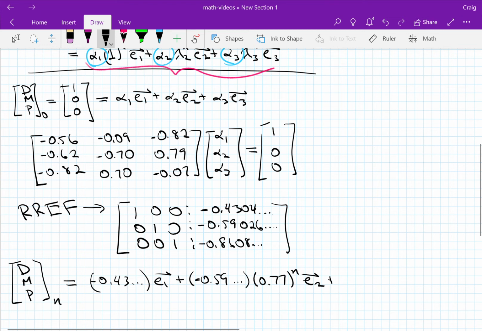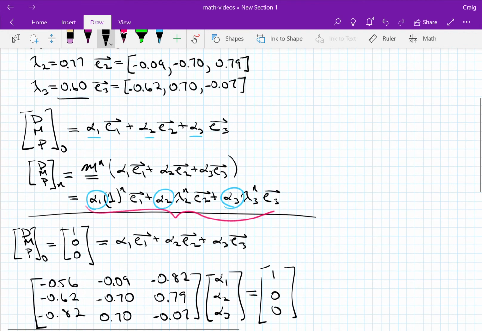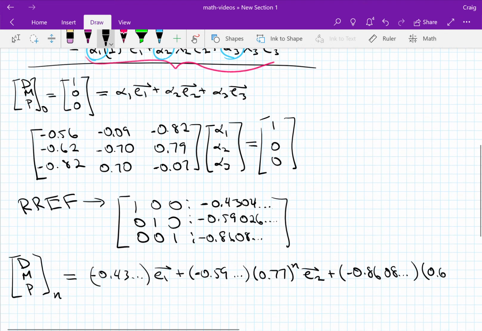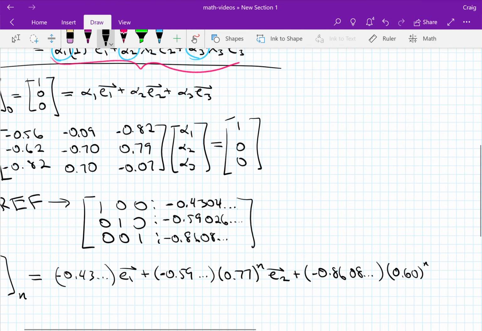And then finally I have my alpha 3, which is negative 0.8608 something, and then I need lambda 3, the third eigenvalue, which is 0.6, and I need to raise that to the nth power, 0.60 to the nth power, times E3.